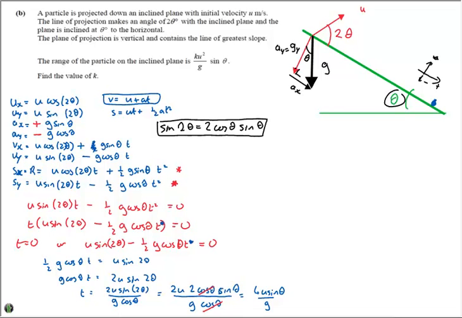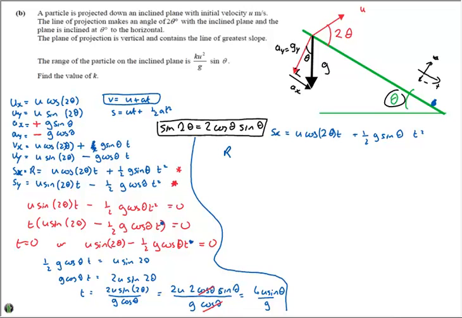Now we can substitute this in for S of x. I'll just put a line down here. We're well on our way now. So we know S of x, or the range, will be equal to u cos 2 theta t plus 1/2 g sine theta t squared. So we substitute in the 4u sine theta over g for t.